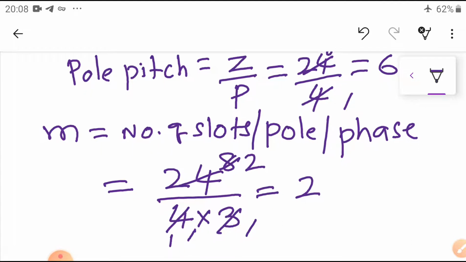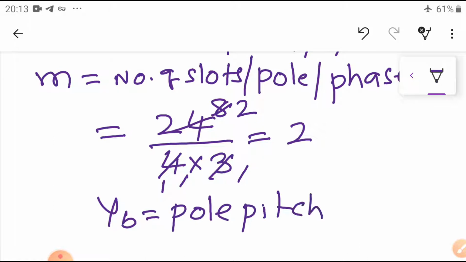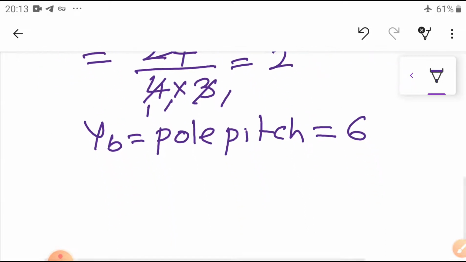Okay, so we calculated this one. Now after knowing the M, find what the back pitch is. Generally the back pitch is equal to the pole pitch. So we consider that it is equal to, what is the value? 6. So back pitch is equal to 6.